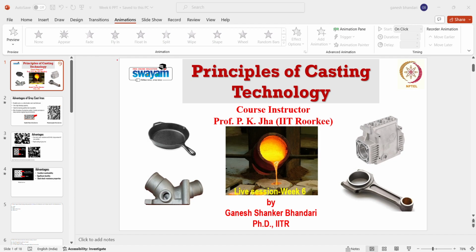So the statement is casting of alloy steel is relatively easier than cast iron. No, the casting of cast iron is always easier compared to alloy steel because it has higher fluidity. Casting depends on your fluidity. So the answer is only the first statement is correct. Any doubt?